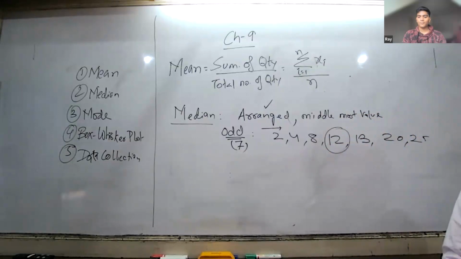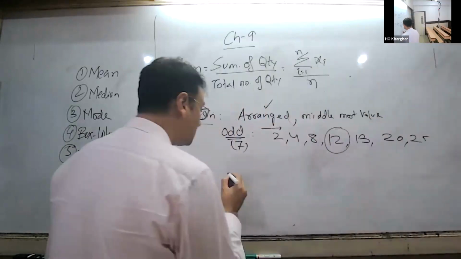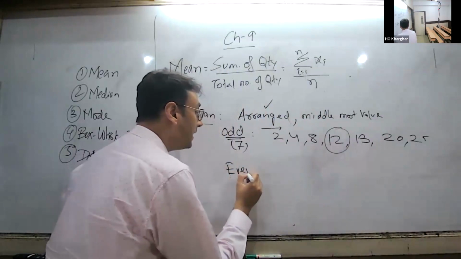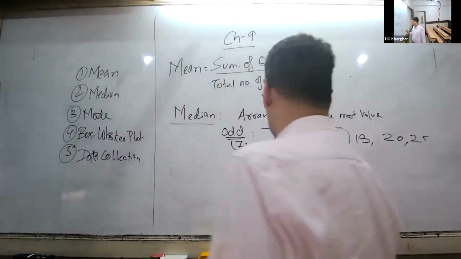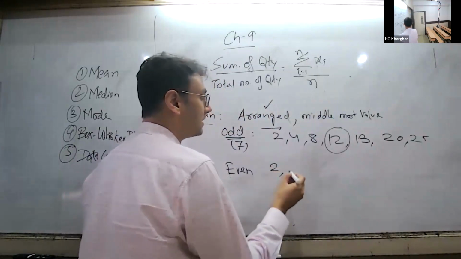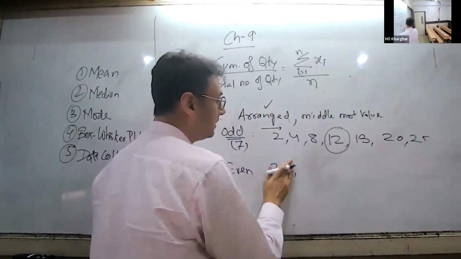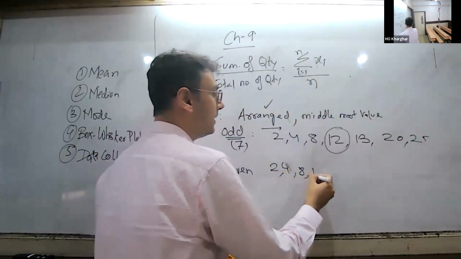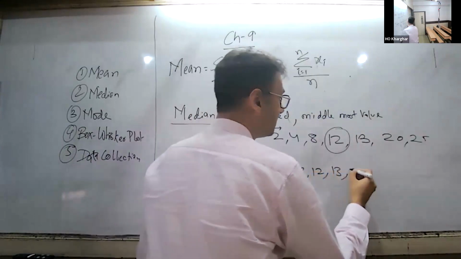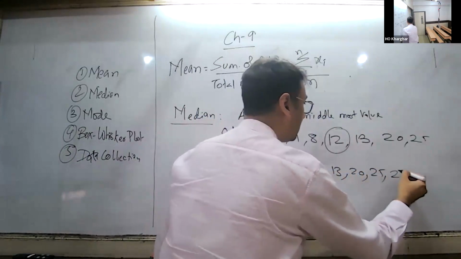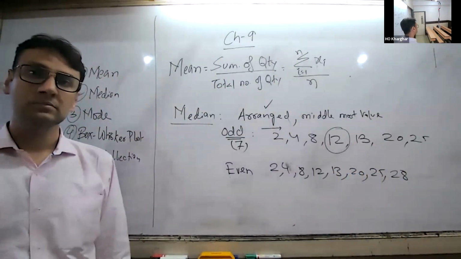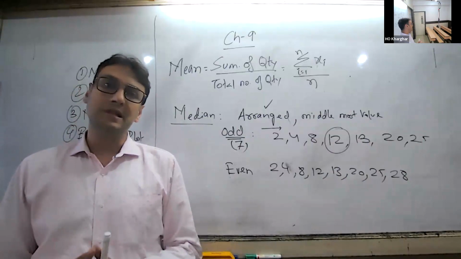No, I got it. Now, the catch is, if you have an even number of data points, then again you put it in an arranged manner. Let's say the values are 2, 4, 8, 12, 13, 20, 25, and 28. So you have 8 values now.